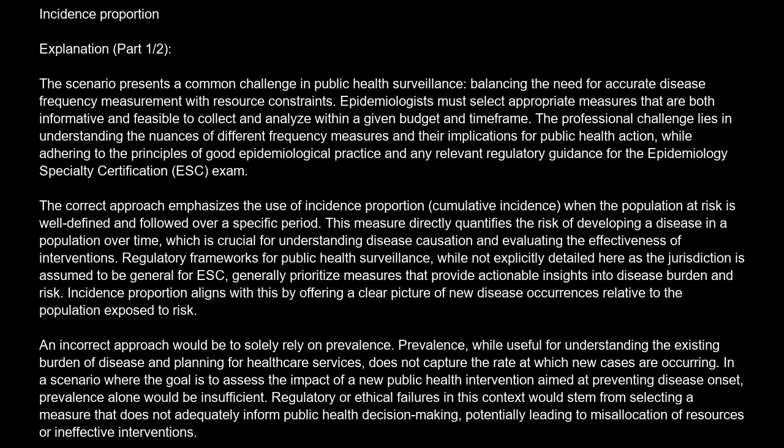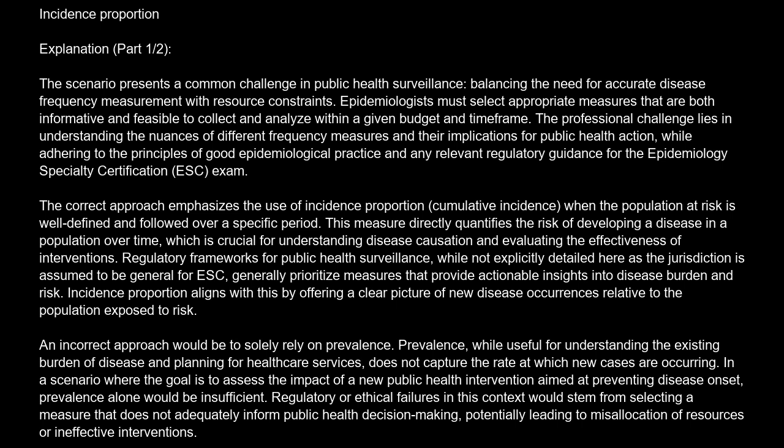Correct answer is D, incidence proportion. Explanation: the scenario presents a common challenge in public health surveillance, balancing the need for accurate disease frequency measurement with resource constraints. Epidemiologists must select appropriate measures that are both informative and feasible to collect and analyze within a given budget and time frame.